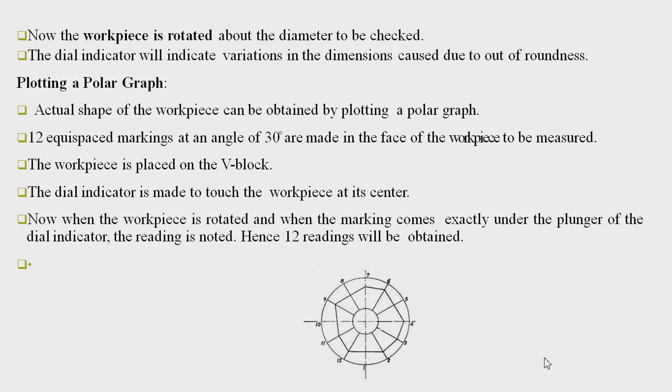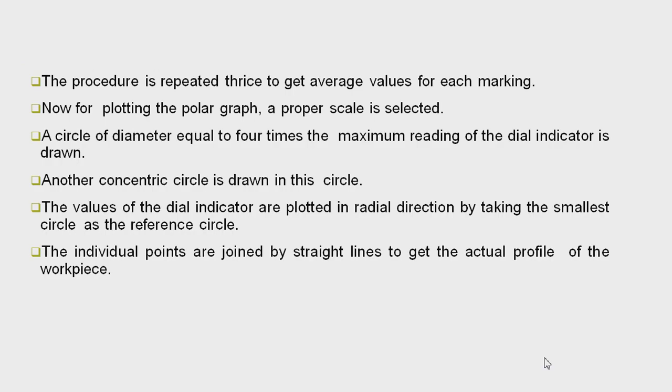The workpiece is placed on the V-block. The dial indicator is made to touch the workpiece at its center. Now when the workpiece is rotated and a marking comes exactly under the plunger of the dial indicator, the reading is noted. Hence we will have 12 readings. This procedure is repeated thrice to get average values for each marking.